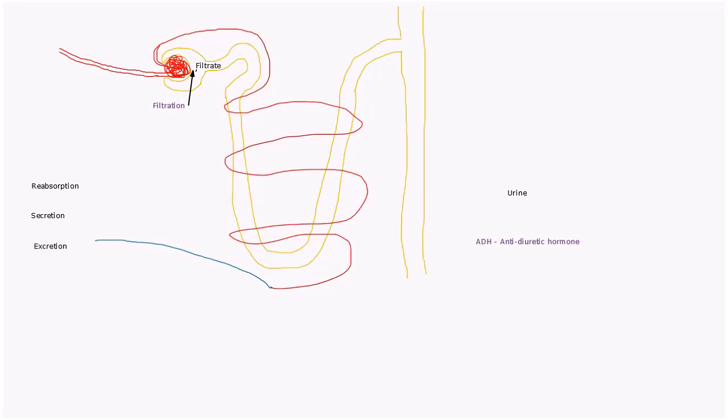It's always going to flow in this direction, so it's going to keep going as it's refined. The whole point of this loop happening here is to refine it so that we are not giving off too much water and too many valuable things. So our filtrate's flowing in this direction, and as it goes there, we have some reabsorption happening.